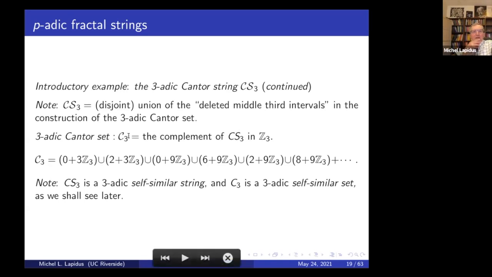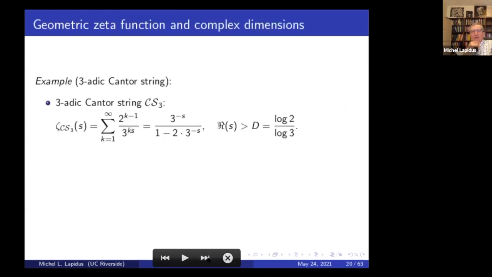It's a closed subset, but it's compact. And it's given here, as I mentioned earlier. Now, it turns out that this triadic Cantor set is a self-similar set in a precise sense, which I will explain at the end if I have time. It's a self-similar subset of Q3.